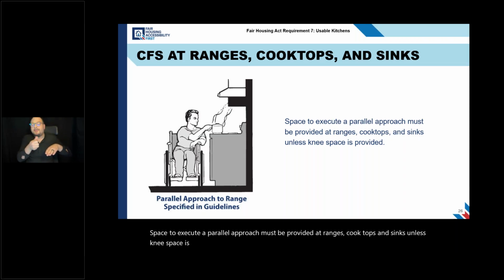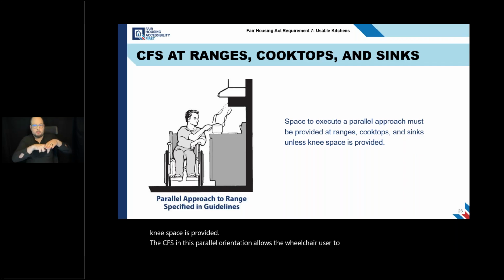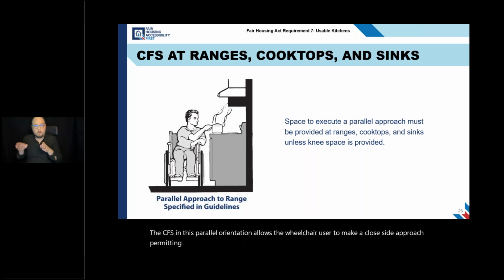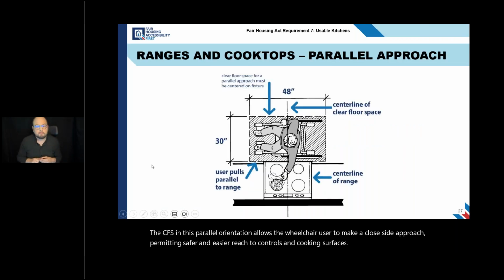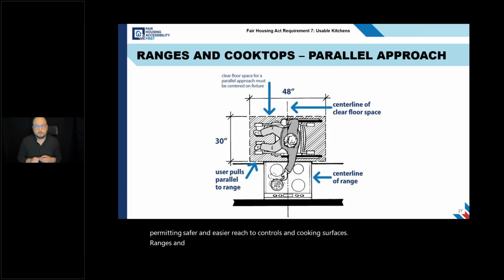The CFS in this parallel orientation allows the wheelchair user to make a close side approach, permitting safer and easier reach to controls and cooking surfaces. Ranges and cooktops, a parallel approach.